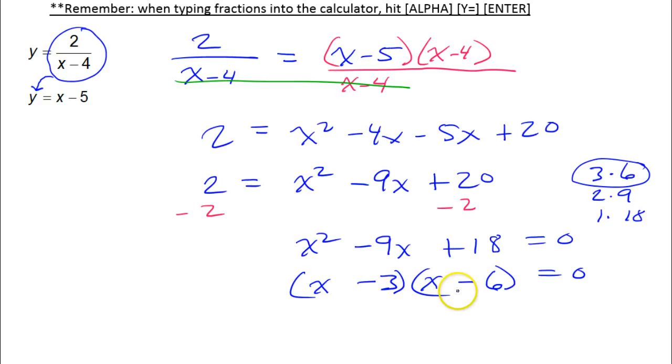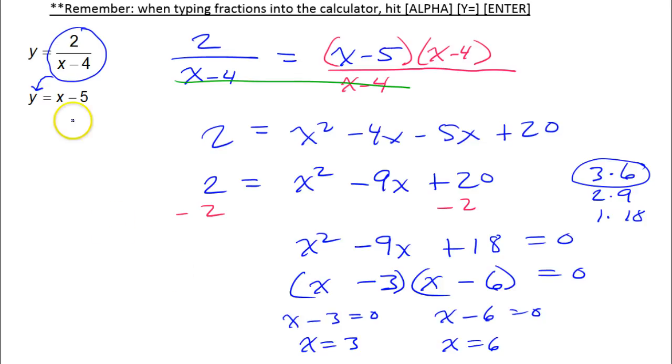Now I can set each of these equal to 0 and solve to get my solutions. So here I have x is equal to 3 and x is equal to 6. So these are the x values, but I still need the y values.